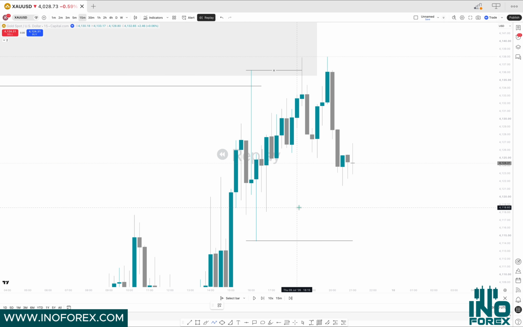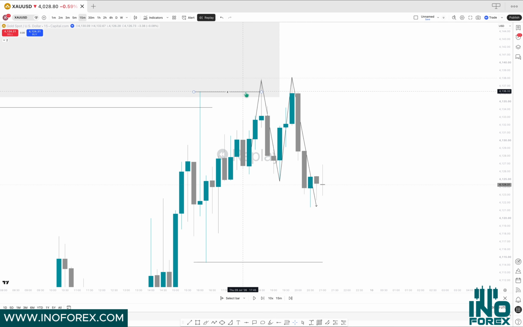So look at here, as you see, the market pulls to the upside and creates a pullback. Again, the market pulls to the upside and pulls to the downside. In this case, the market creates a CHoCH. Why? Because the market swept the previous high.